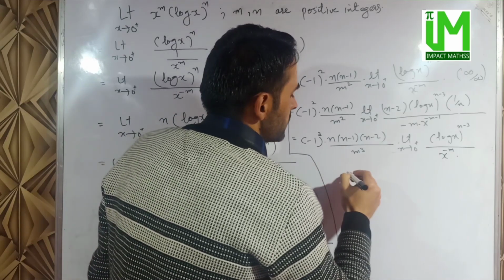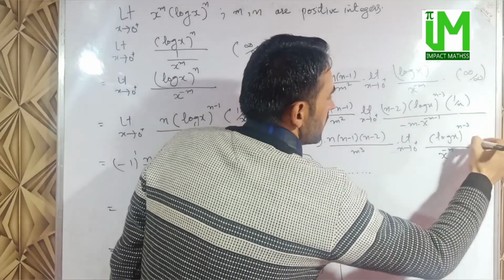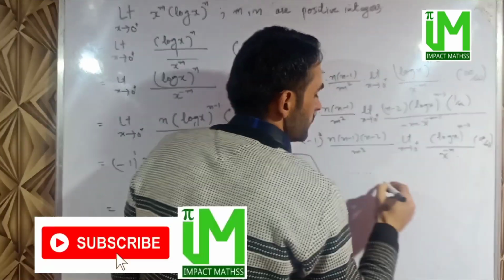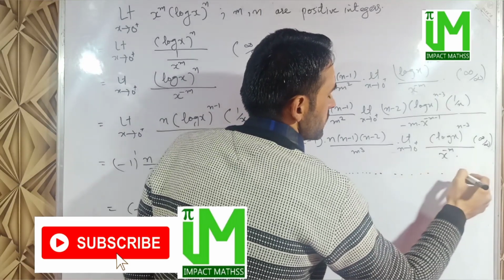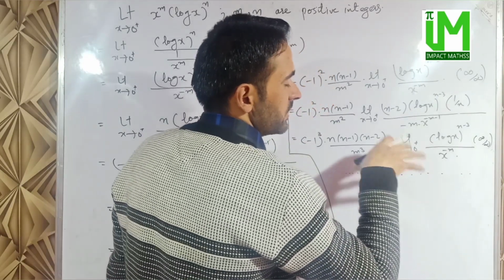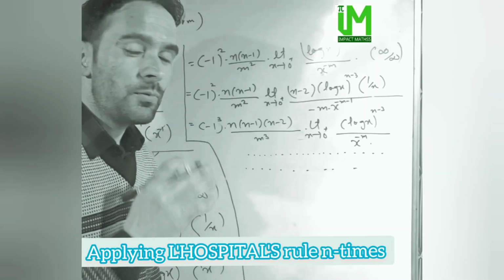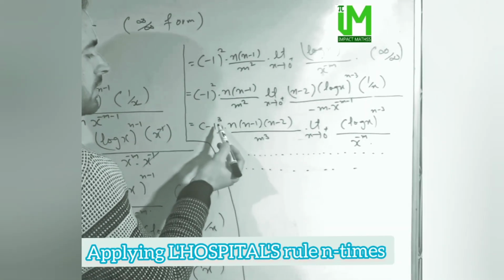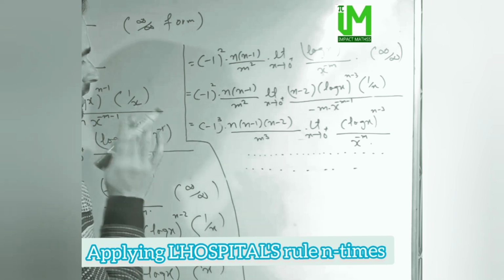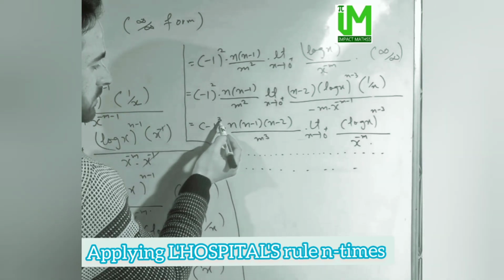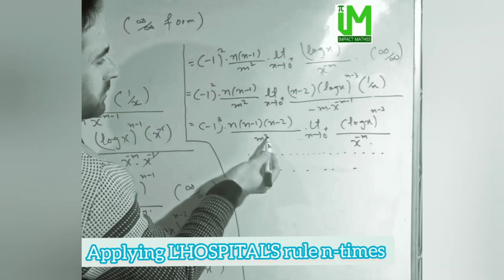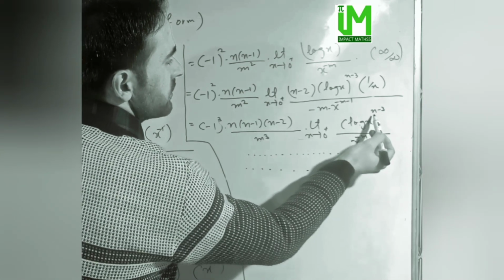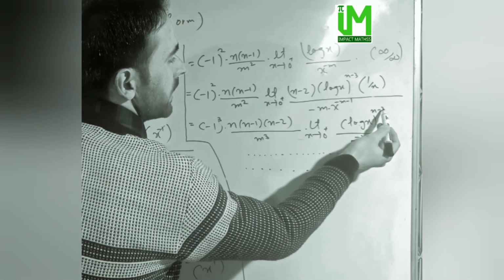Next we will be continuing this process as we have again obtained infinity by infinity form, so we will be continuing this process and we will be differentiating this n times. But up to now we have obtained some sort of induction क्योंकि यहाँ पे हमने 3 times already differentiate किया है, so this will be minus 1 raised power 3 m raised power 3, यहाँ पे log of x raised power n minus 3.